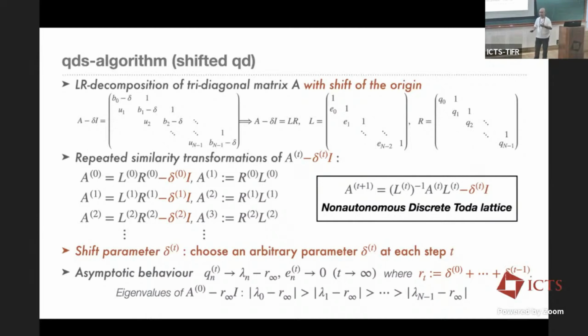We know the convergence rate of the original QD algorithm. By introducing this shift operator, the convergence speed will be drastically accelerated. So in this case, delta t we can choose as we want.